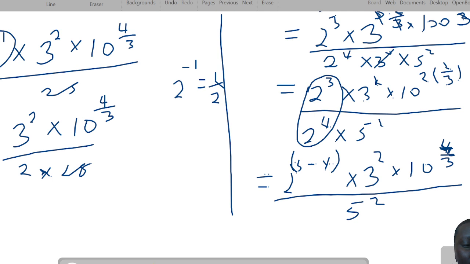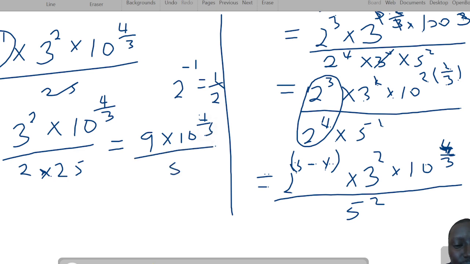So class, once we do that, 3 squared is going to have 9 times 10 power 4 all over 3, then you divide by 50.